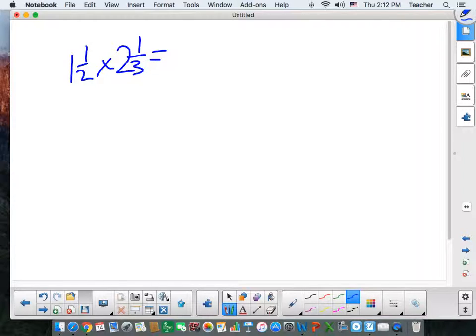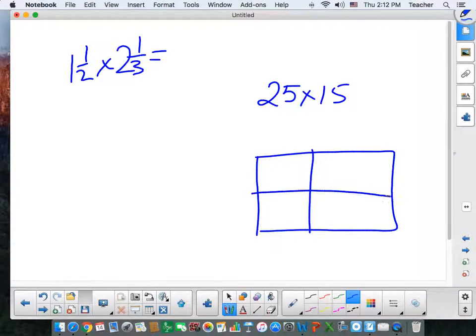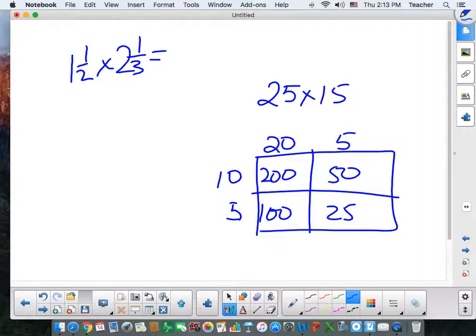If you remember way back when, there was a thing called the area model that you could use. If you had something like 25 times 15, you could go something like this. 20 and 5, 10 and 5. Remember that? 20 times 10 is 200, that's 100, 50, 25, right?